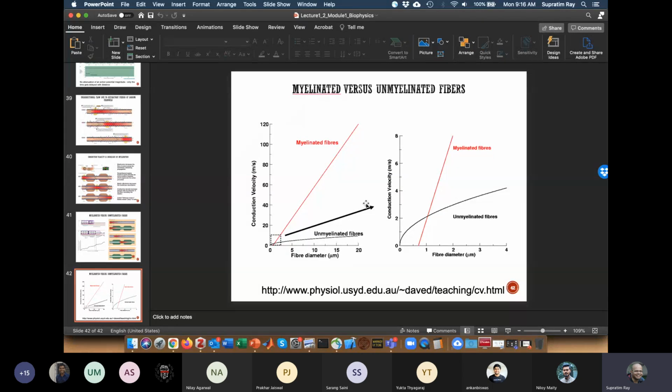It's very, very cool. In previous years, we used to actually do a little bit of that in this course as well. But you can actually prove that in the passive case, the conduction velocity depends on the square root of the fiber diameter. Okay, so I'm not doing it, so that's why it's a bit confusing here.